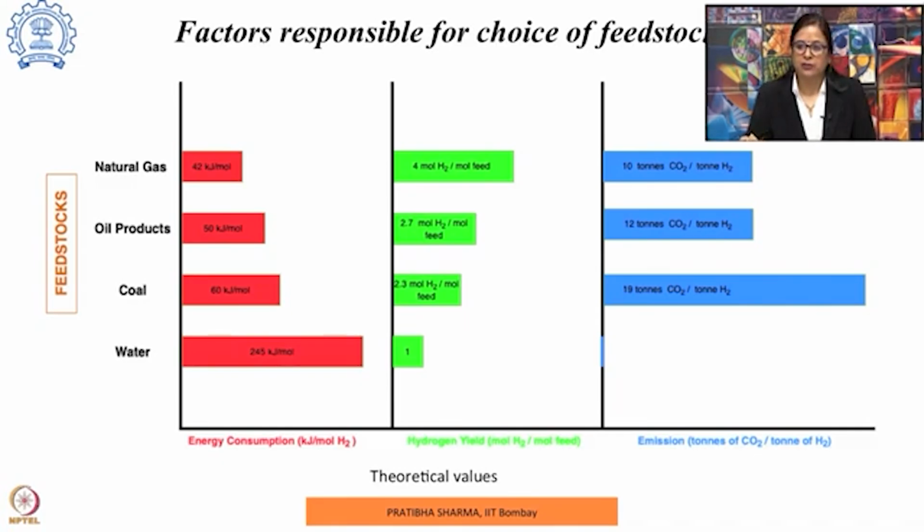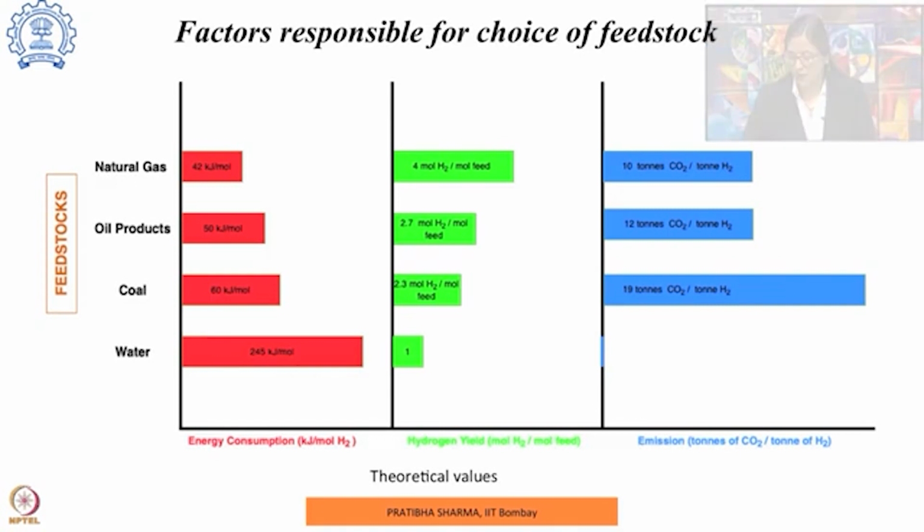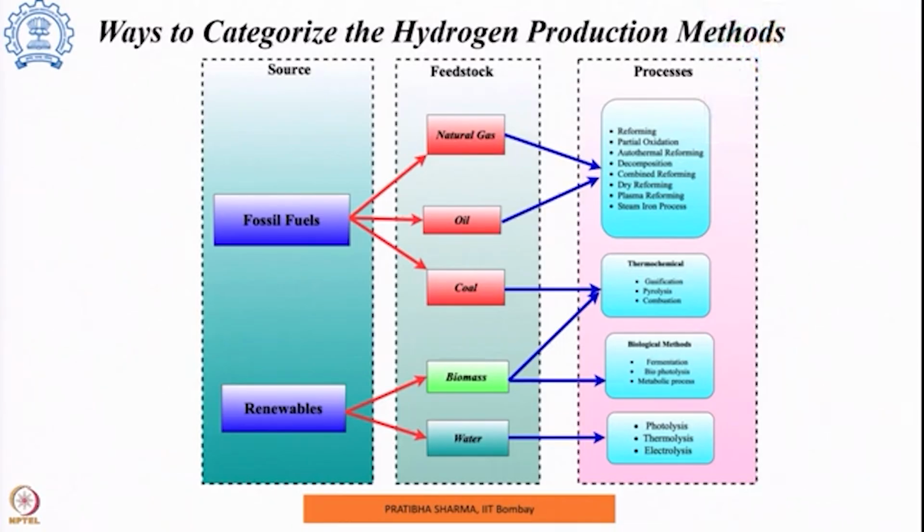If we compare in terms of emissions, although we know that green hydrogen produced from water electrolysis is non-polluting, if we compare with respect to fossil fuels, then the amount of emissions released when producing hydrogen from natural gas is the lowest. That is why the preferred feedstock for hydrogen production, as we have seen, about 60% of it is produced from natural gas. There are a large number of ways for hydrogen production, and there are different ways in which we can categorize these hydrogen production methods.